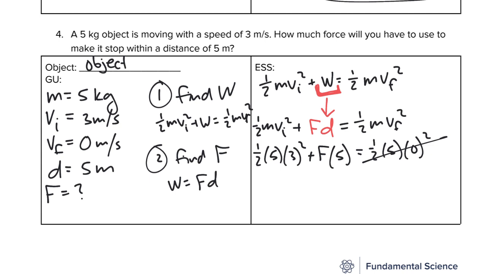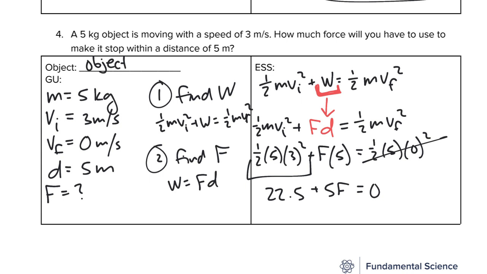First off, we have to do all this multiplication. 1/2 times 5 times 3 squared. If you do the math, that turns out as 22.5. That is plus 5f, or f times 5. I'm going to rewrite that as 5f. But you can leave it as f times 5 if you like. That equals 0.